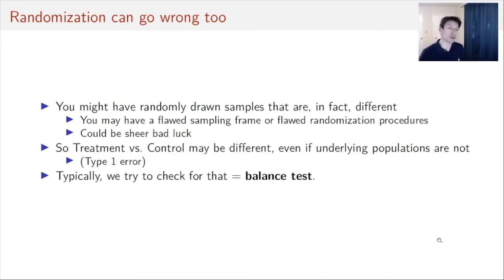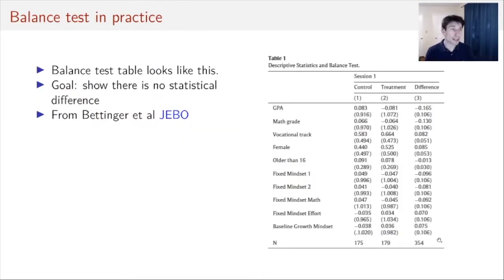Now, in some situations, you don't actually have pre-treatment data, but even if you only have post-treatment data, you could do balance tests, for instance, on the time invariant characteristics, right? Some of the x's don't vary with time, and you can check that on those x's, your treatment and your control groups are similar. In practice, what do balance tests look like? Most of the time, they look like tables like this.